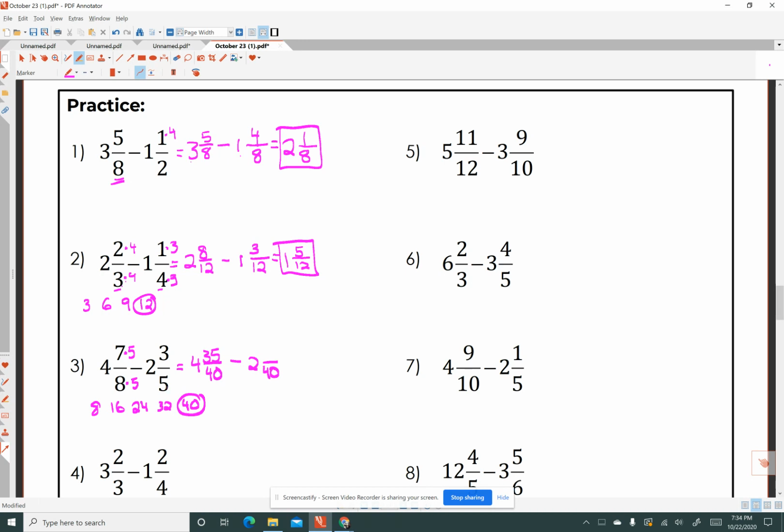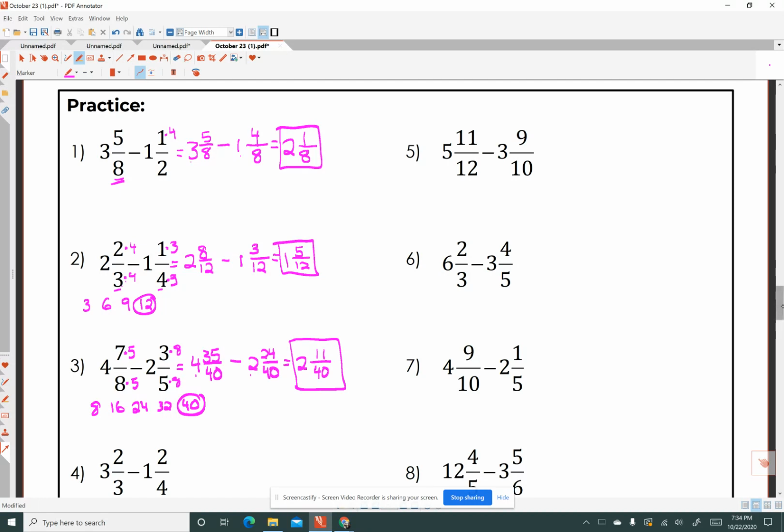And 5 times 8 is 40. 3 times 8 is 24. Can I subtract? Is 24 smaller than 35? Yes, it is. We'll start with our whole numbers. 4 take away 2 is 2. Our denominator is 40ths. 35 minus 24 is 11. And that cannot be simplified any further. So that's a final answer.